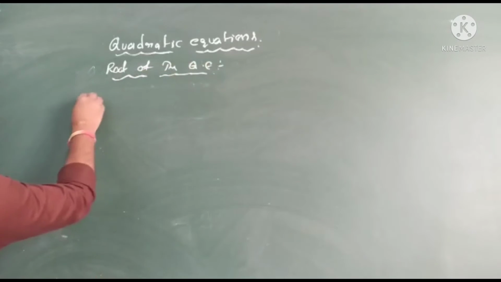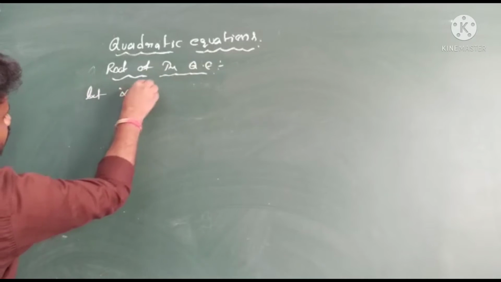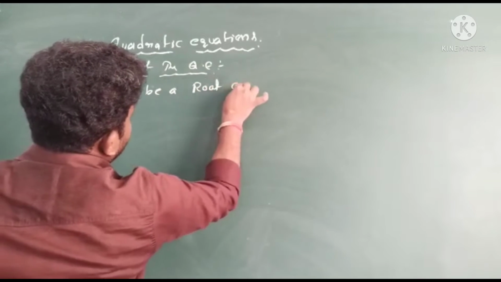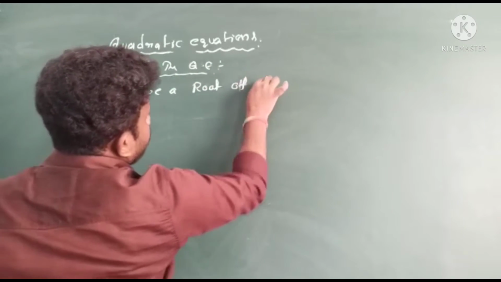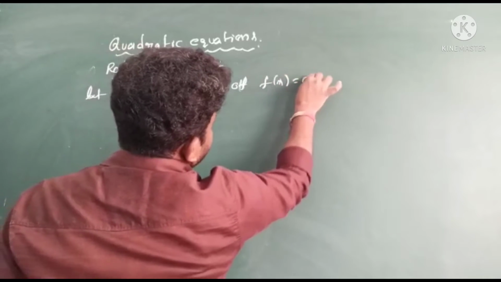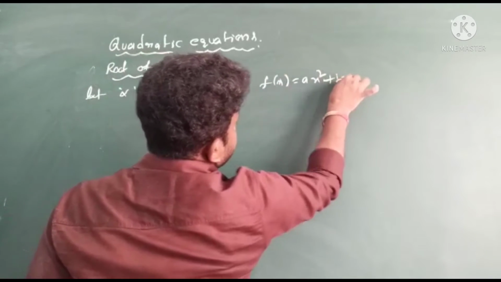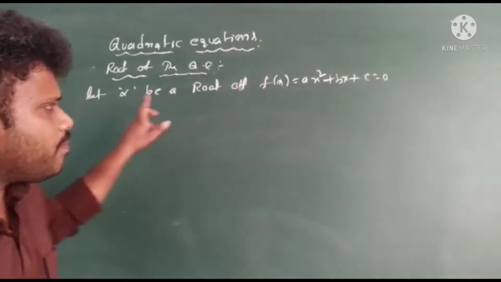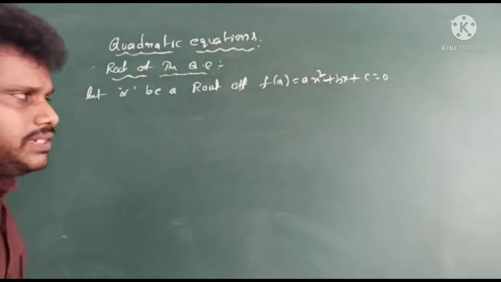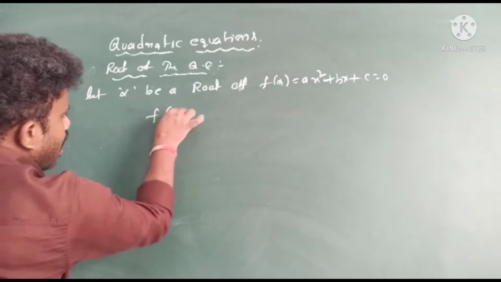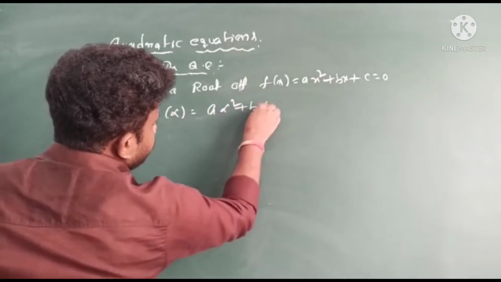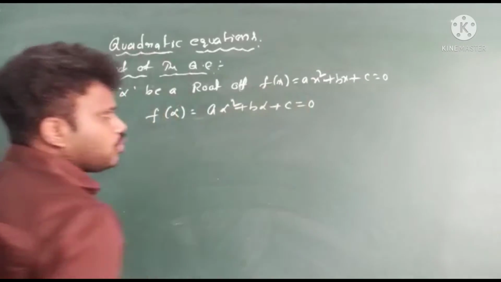Suppose let alpha be a root or solution of the quadratic equation f of x, that is ax square plus bx plus c is equal to 0. Then f of alpha is nothing but a into alpha square plus b into alpha plus c is equal to 0.